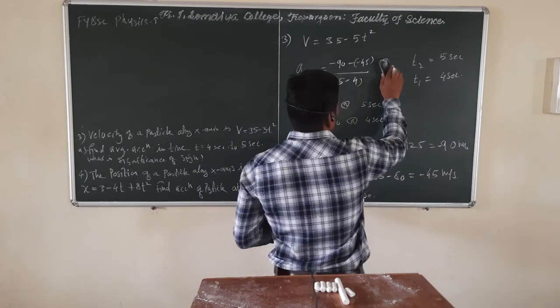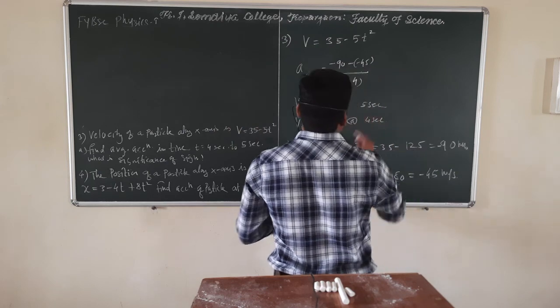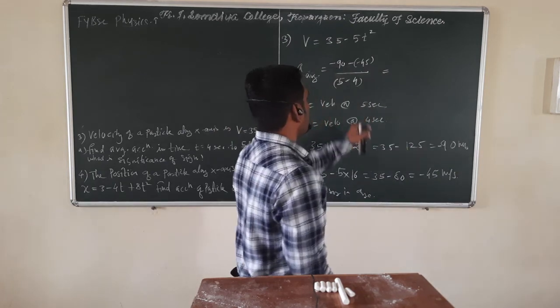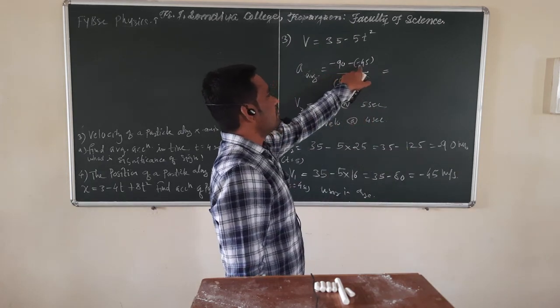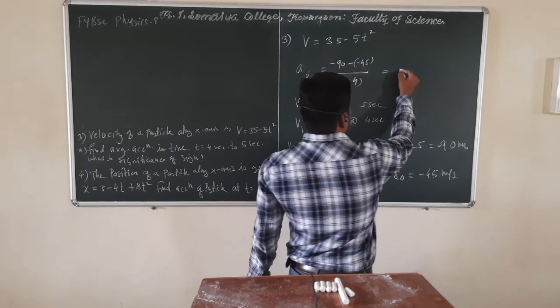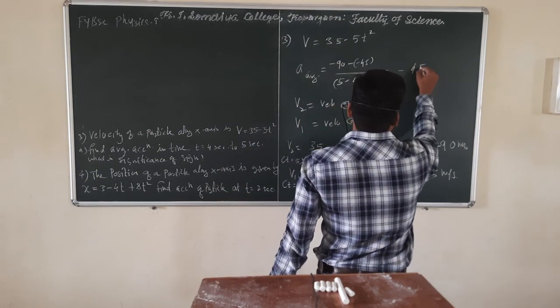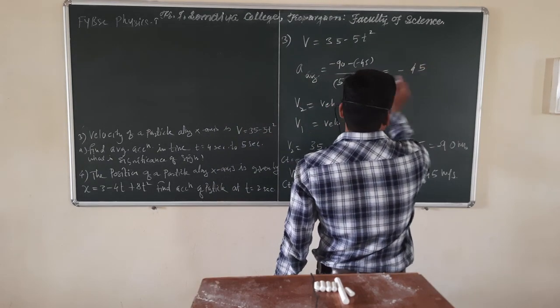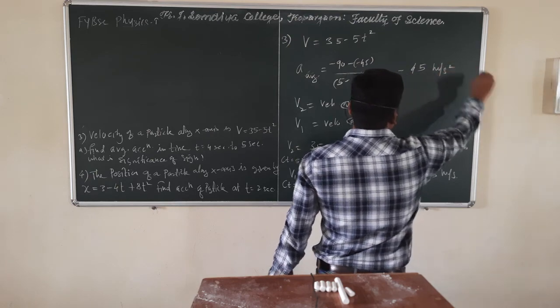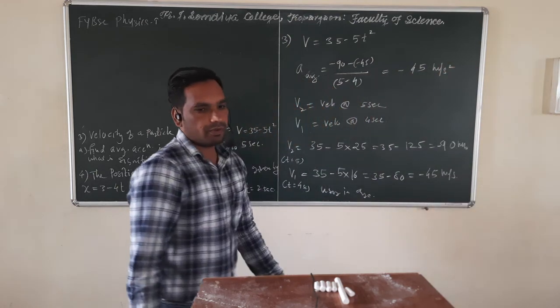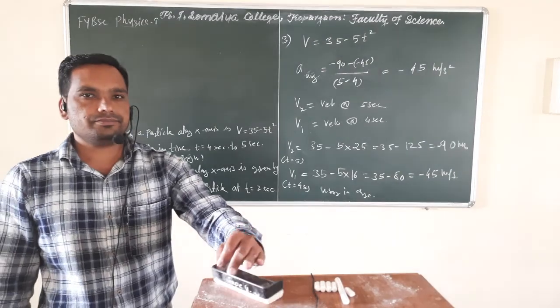Now this is equal to, here you will get minus 90 plus 45, which is minus 45. 5 minus 4 is 1. So average acceleration is minus 45 meter per second square.